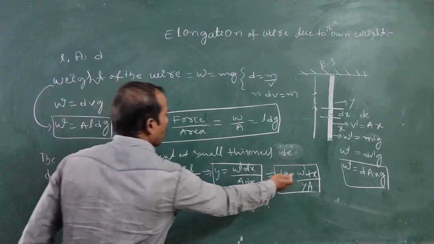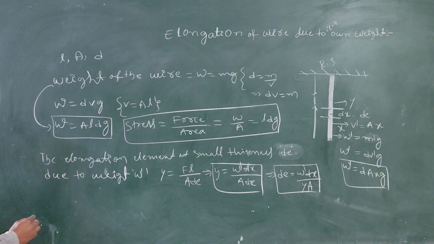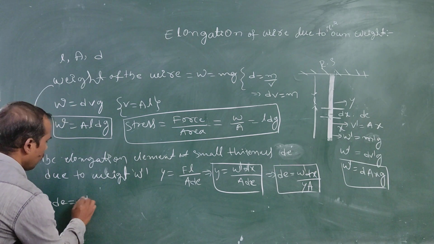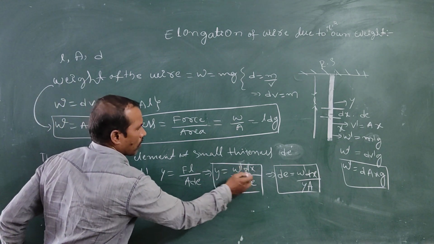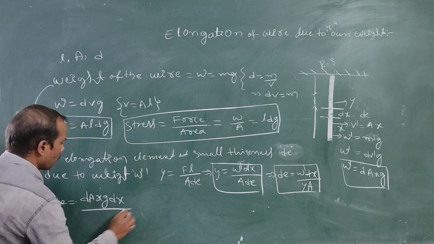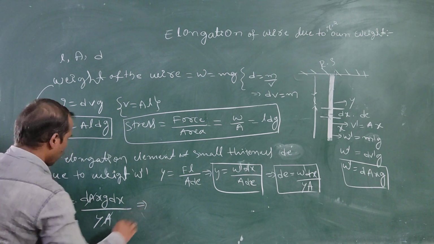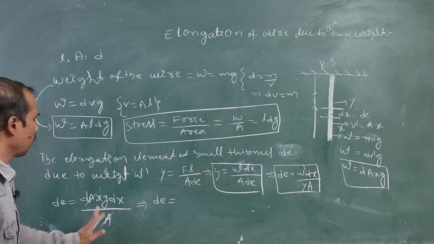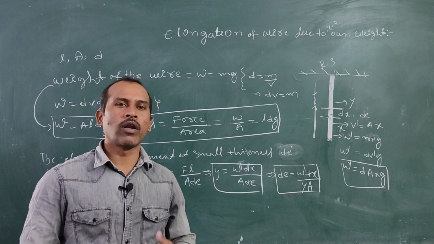Now substituting the value of W prime, the elongation in the wire element dx is dE equal to d A x g into dx by Y A. Here A and A get cancelled. So dE is equal to d g x dx by Y. Here d is the density of the wire, g the acceleration due to gravity, and Y the Young's modulus of the given wire.